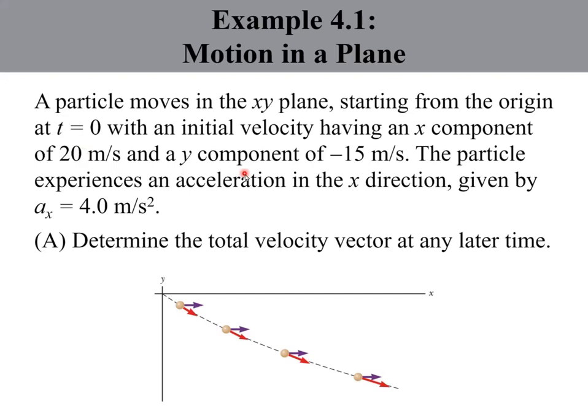It will have an x component of velocity, which is 20 meters per second, represented by the purple arrow, and it will also have negative 15. They forgot to draw that line, so let me draw it for you.